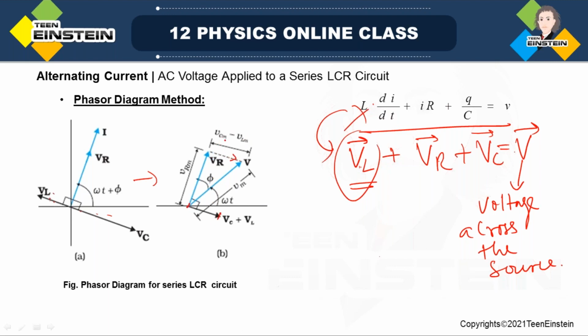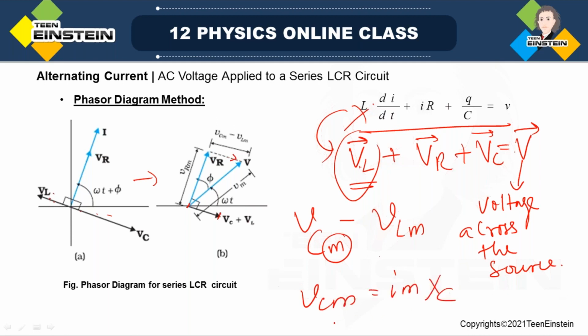VCM means the maximum voltage drop across the capacitor, and VLM is the maximum voltage drop across the inductor. Actually we should write VCM as IM into XC, and VLM as IM into XL, where IM is the maximum current, the amplitude of the current, and XC and XL are the capacitive and inductive reactance.